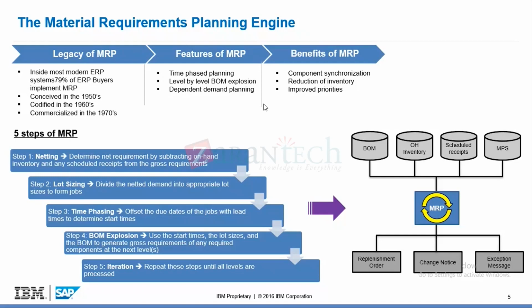Then we employ the lot sizing procedure to generate the lot size, that is the quantity, and then do the time phasing, that is the offset required to obtain the below level materials beforehand, using the lead times, which is the most important thing, to determine the below level materials.